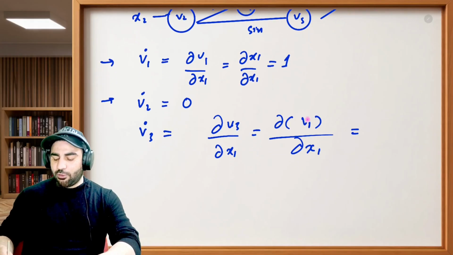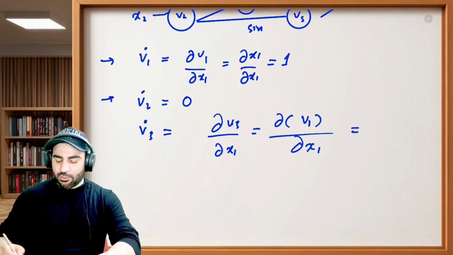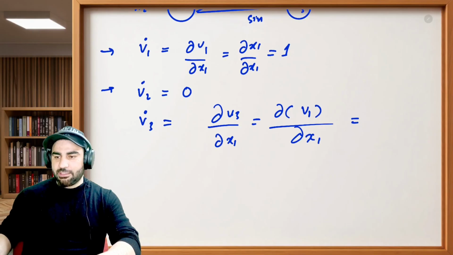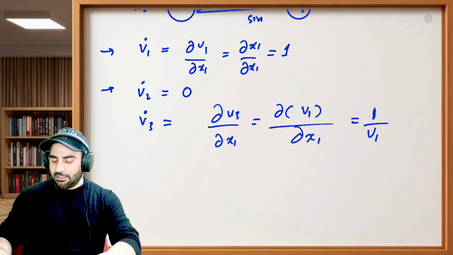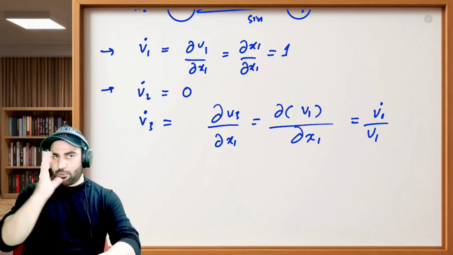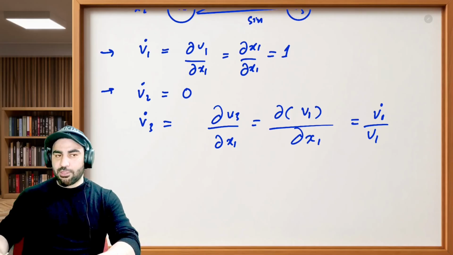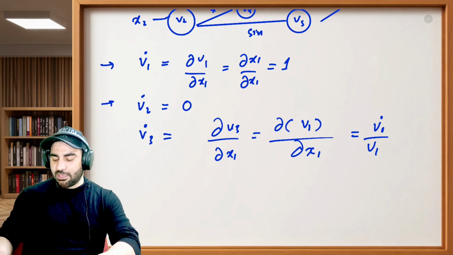Once I take the derivative of v1 with respect to x1, that's already what I have over here. Because v3 is equal to log of v1 and x1 is equal to v1, I can write that the differentiation is equal to 1 divided by v1, multiplied by the derivative of v1. The derivative of v1 I can write like this, v1 dot.